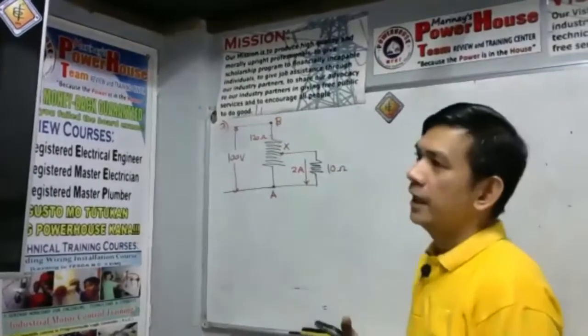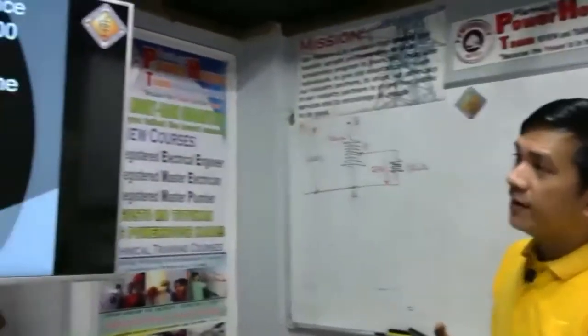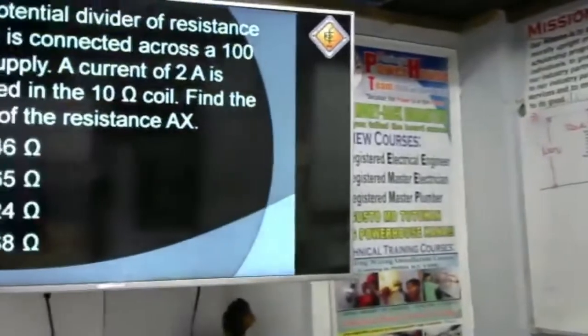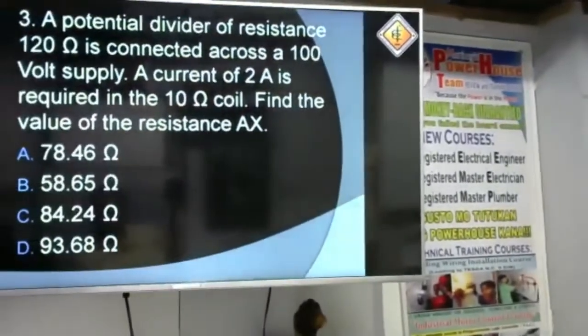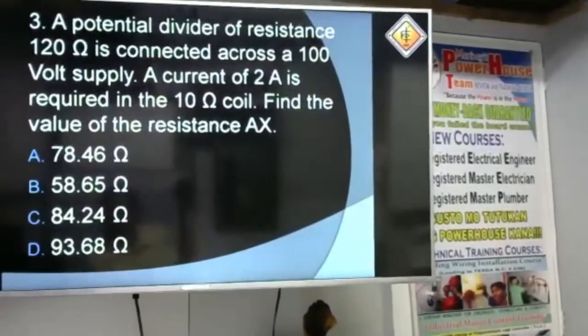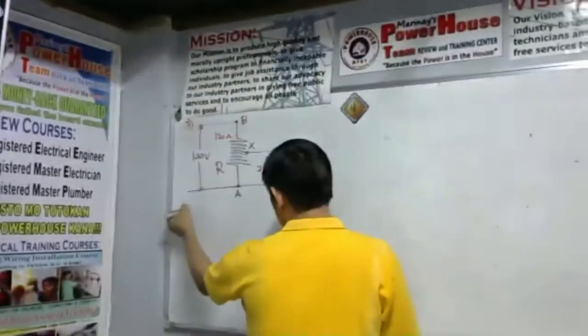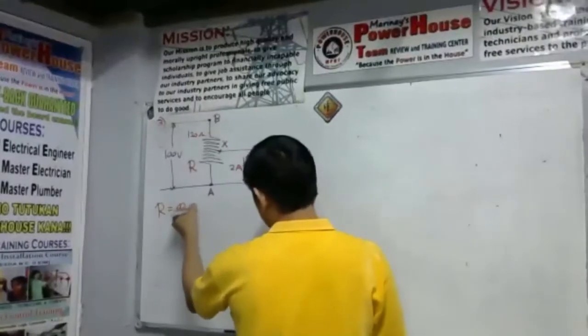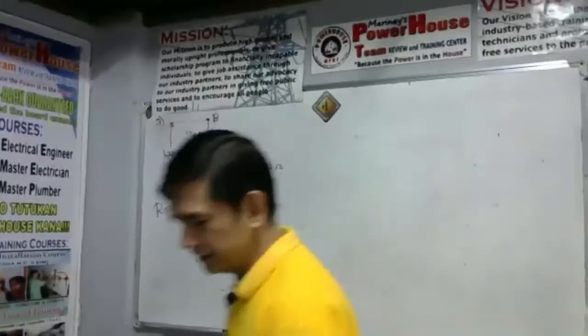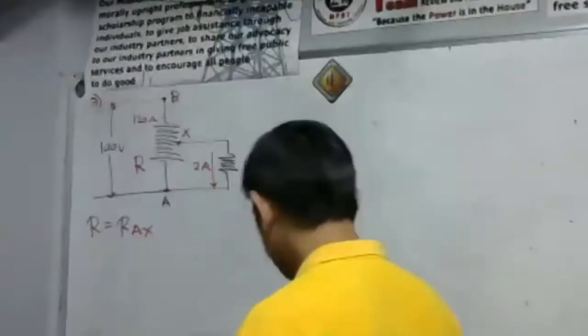Okay. Again, what is the question? Find the value of resistance AX here. So I will just make this as R. Understood to be that R is the resistance at AX. Again, take a look here.